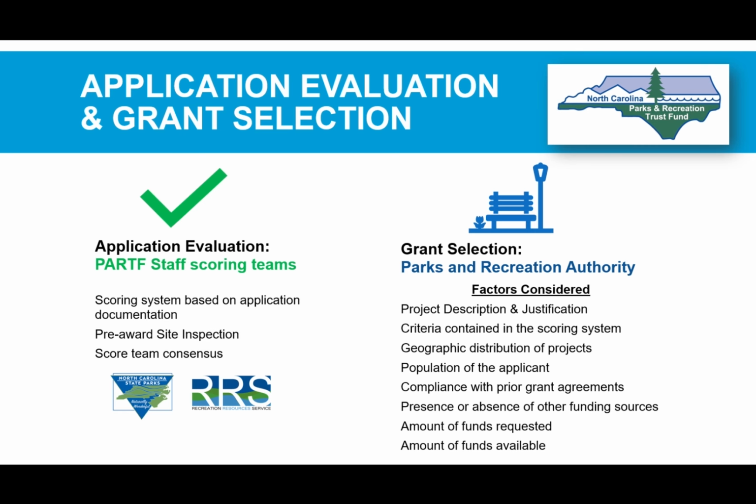Then grant selection is up to the Parks and Recreation Authority, and by administrative rules for the program, they have to consider factors based on your project description and justification that you submit, the criteria contained in the scoring system, geographic distribution of projects, so awarded across the state, population of the applicant, compliance with prior grant agreements, so what is your grant history?